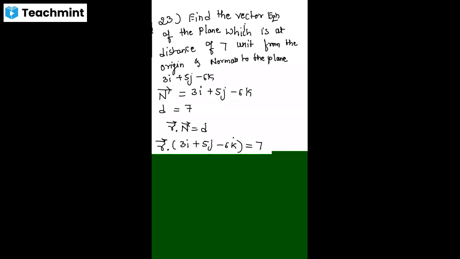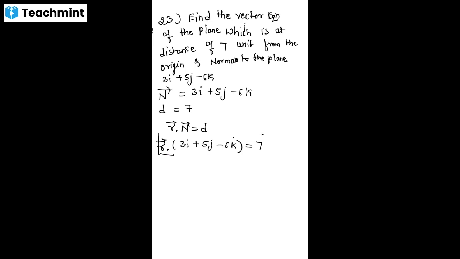So this is the vector equation of the plane in the vector form. What they asked is to find the vector equation of the plane in which the distance is 7 units from the origin and normal to the plane is given.